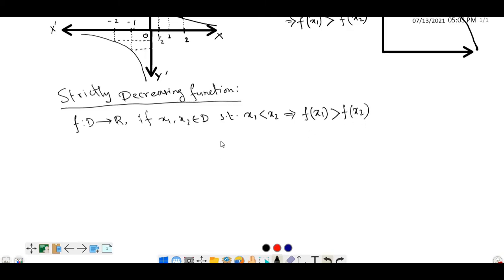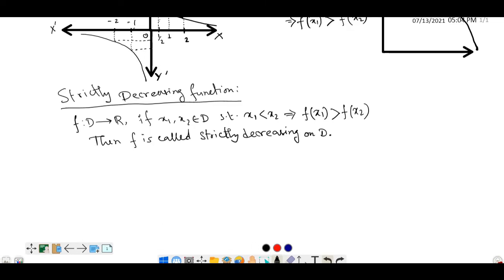If this happens, then we can say that the function is strictly decreasing. Then f is called strictly decreasing on D, obviously, because it will depend on the domain D.